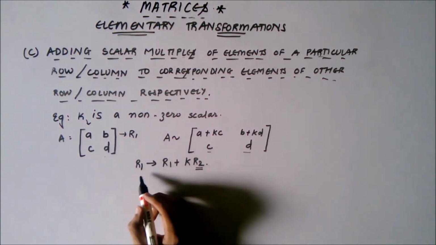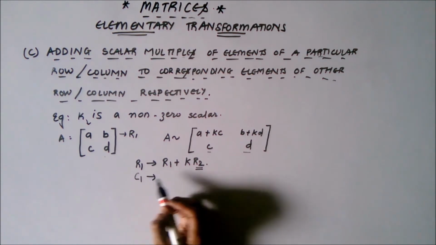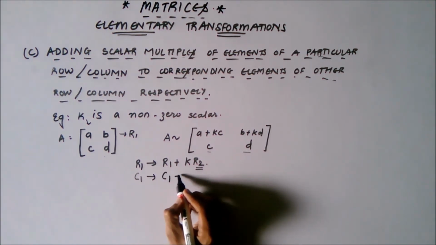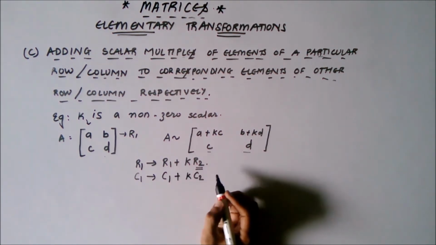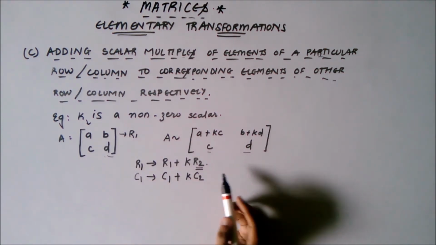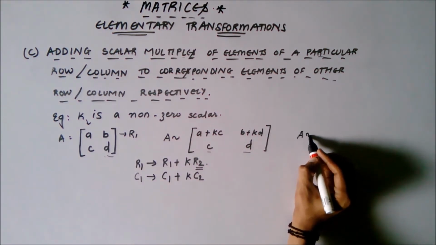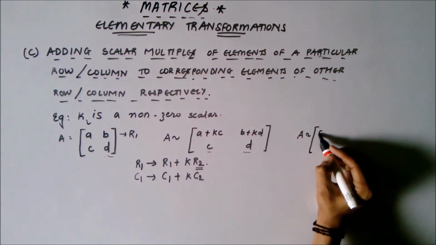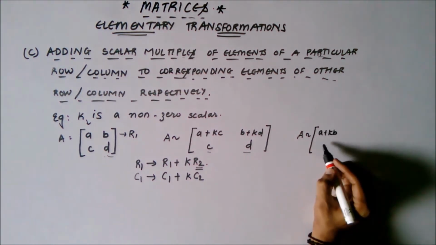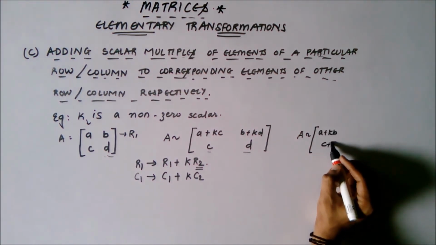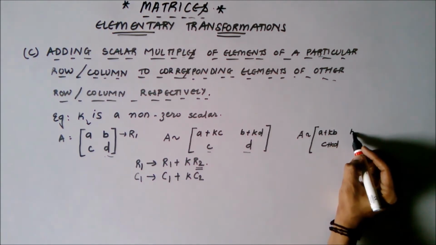Similarly, if we need to alter C1 in a similar way, it can be written as C1 plus KC2. C2 will not be altered, but the resultant matrix will be [A plus KB, B; C plus KD, D].